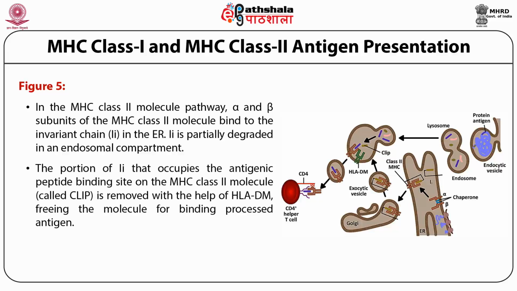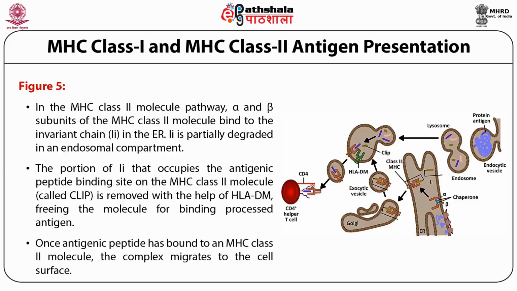The portion of the invariant chain that occupies the antigenic peptide binding site of the MHC class 2 molecule, also called CLIP, C-L-I-P, is removed with the help of HLA-DM, freeing the molecule for binding to other processed antigen. Once the antigenic peptides are bound to an MHC class 2 molecule, the complex migrates to the cell surface or the plasma membrane.